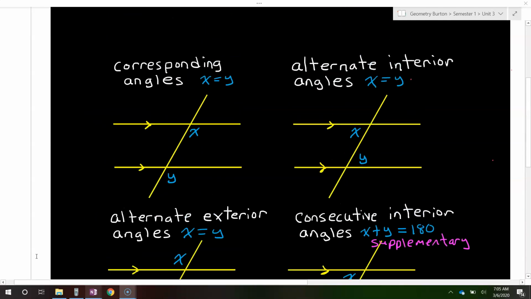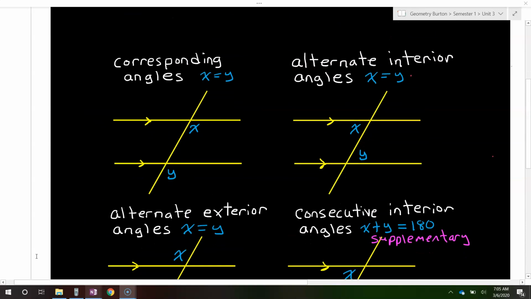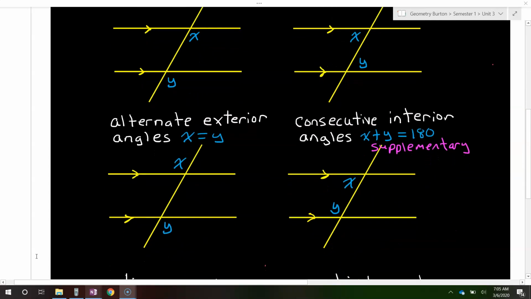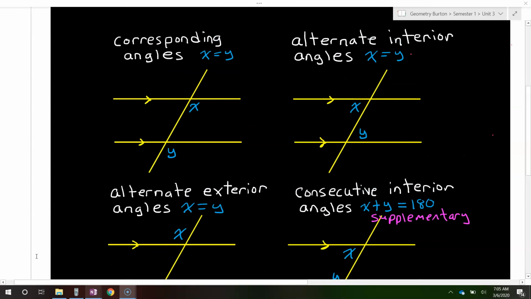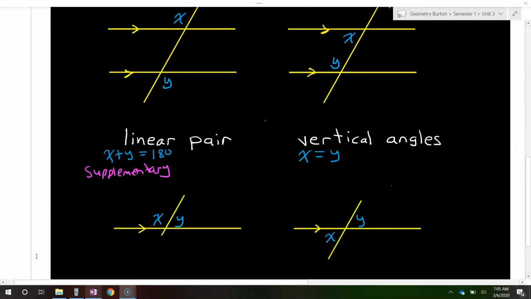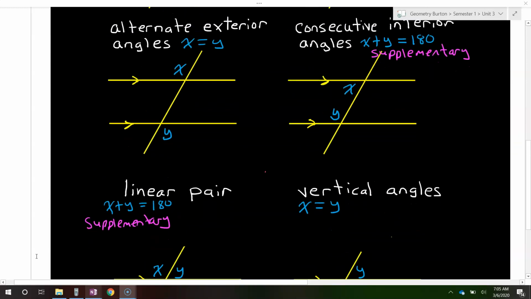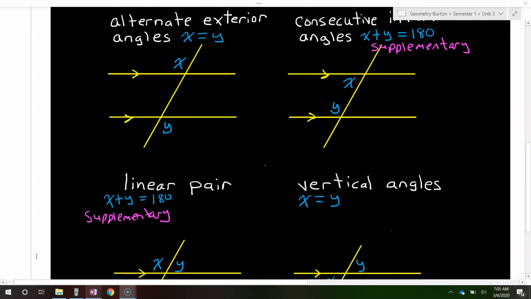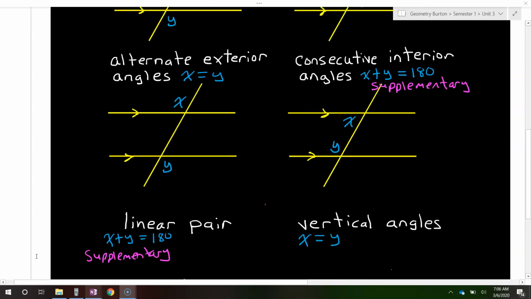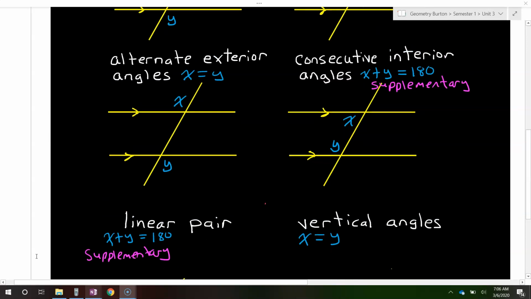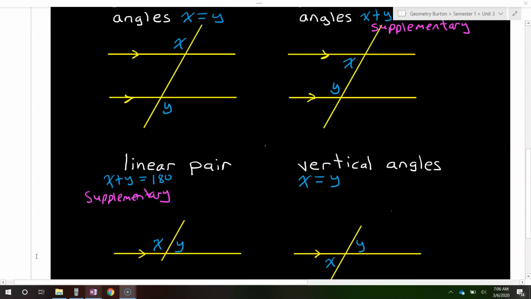Notice that as I scrolled across, almost all of these angle pairs were congruent. Congruent, congruent, congruent, congruent. There are only two of these that are supplementary. So it might be easier to focus on the two that are supplementary, memorize those, and then you'll know that all of the other pairs are congruent.